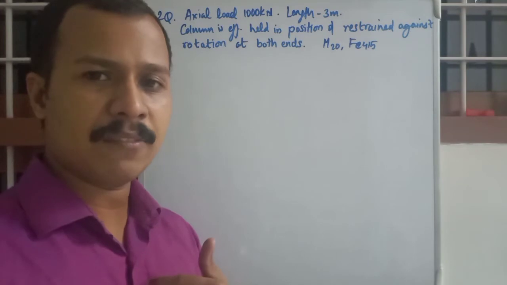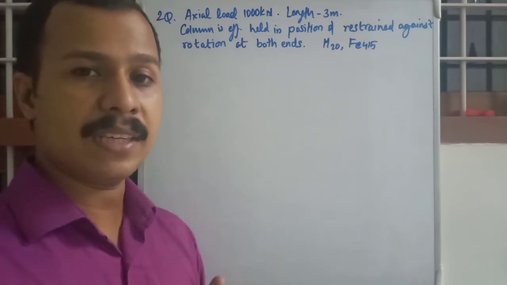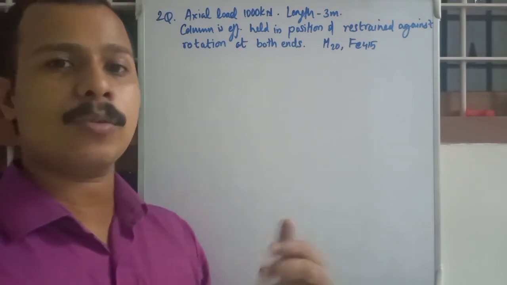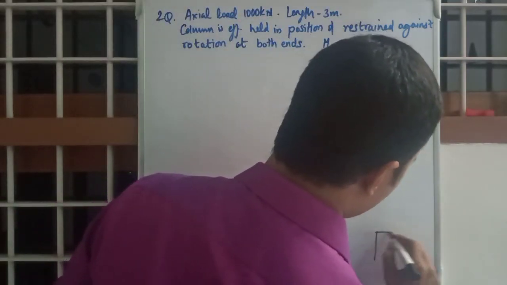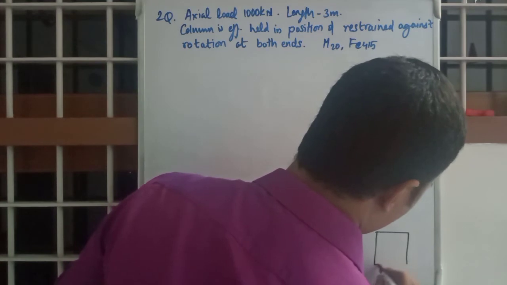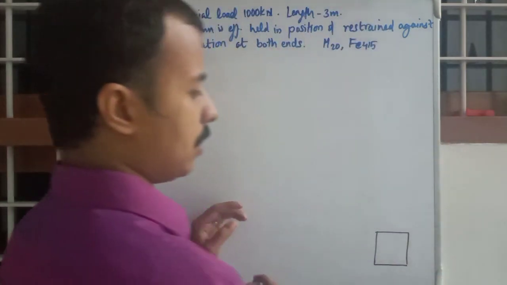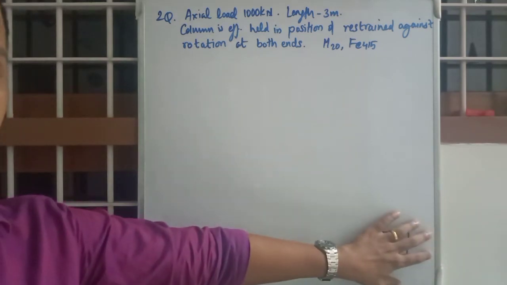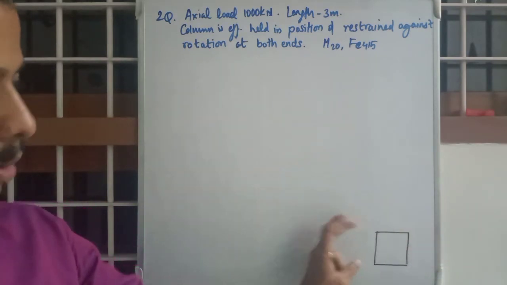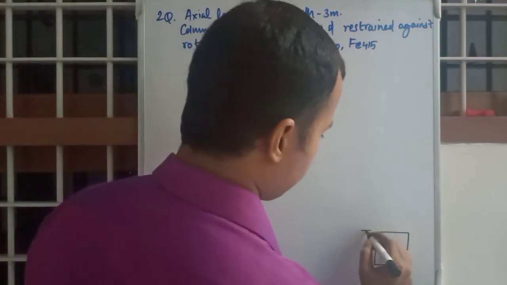For our convenience, we will make this one a square one, because a square one will be easier to check for eccentricity and all other factors. Square is the cross section of our designing column. We will be deciding on the dimension.